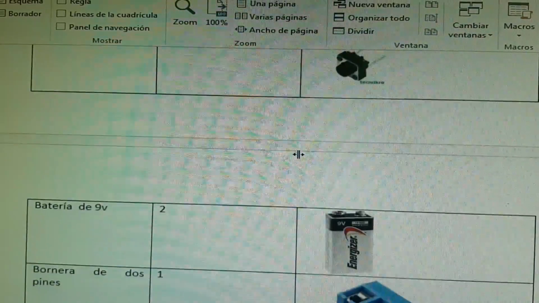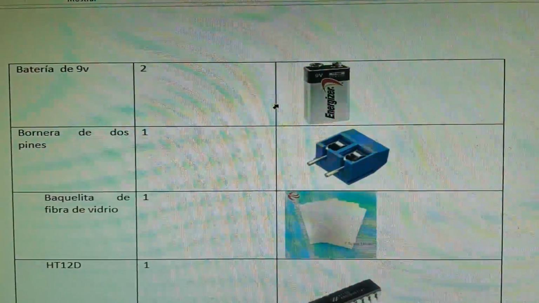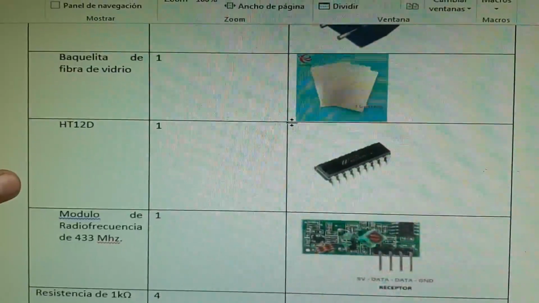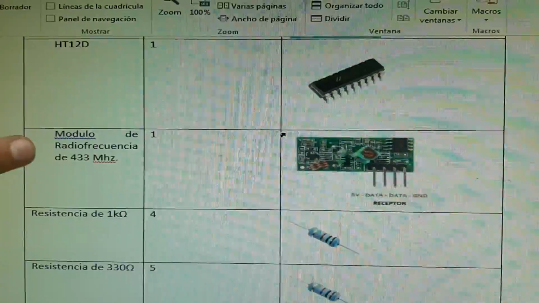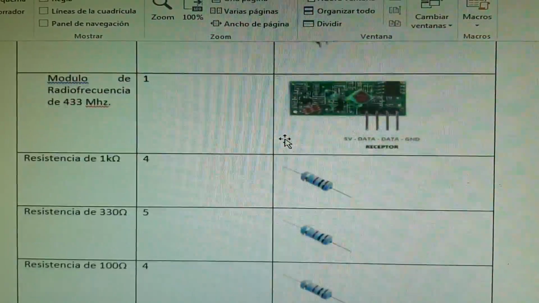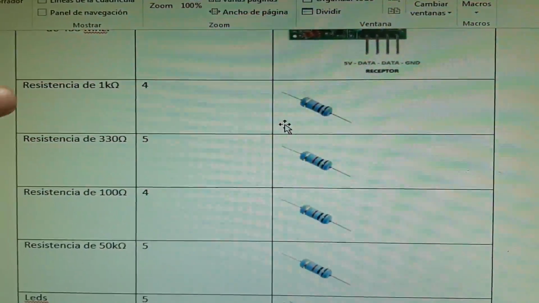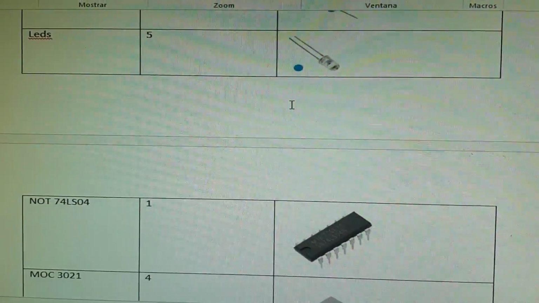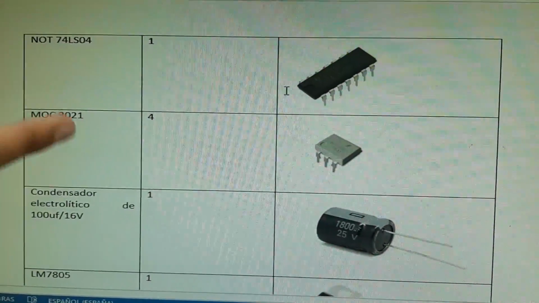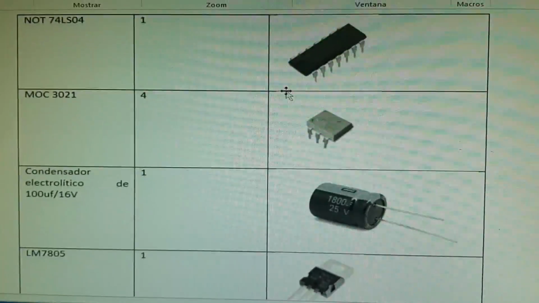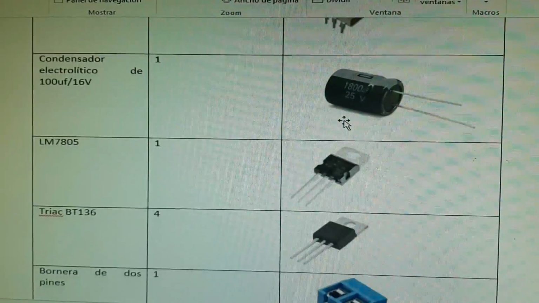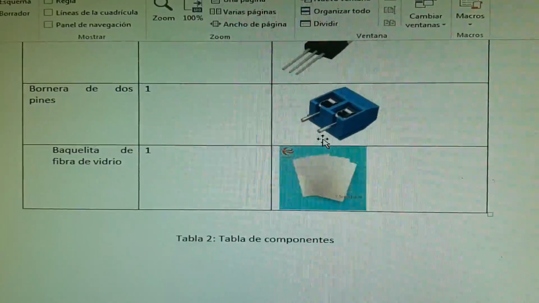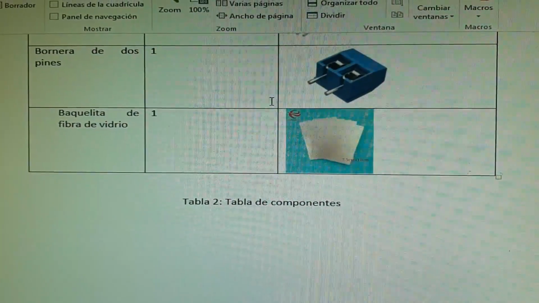Switches, battery of 9 volts, sockets, module of radio frequency, resistors of unique and variety values, and finally nets and integrated capacitors, LM7805, triacs and board.